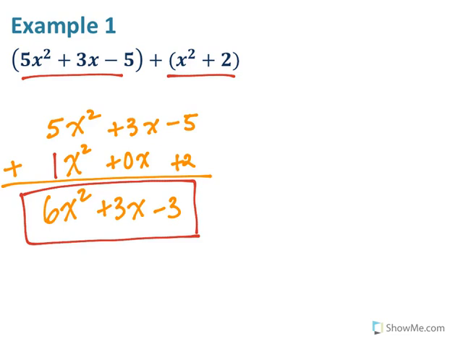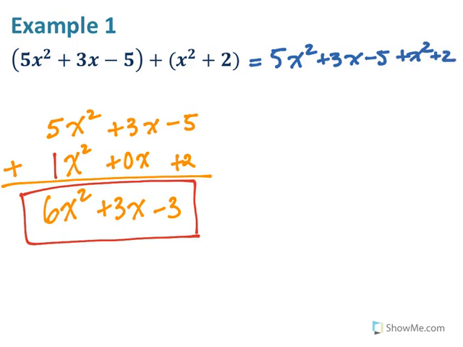What other people like to do is just simply take out the like terms. It's really just combining like terms when we're adding from the parentheses. So they'll say, okay, I have 5x squared plus 3x minus 5. Then I need to add x squared and 2.